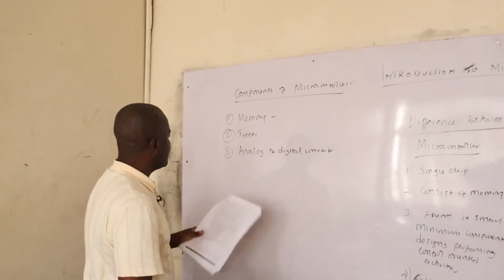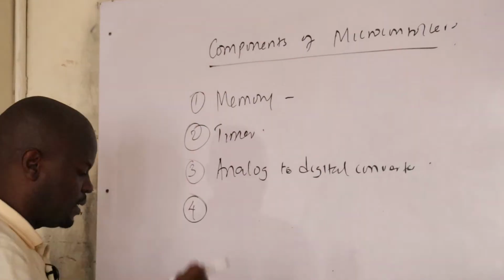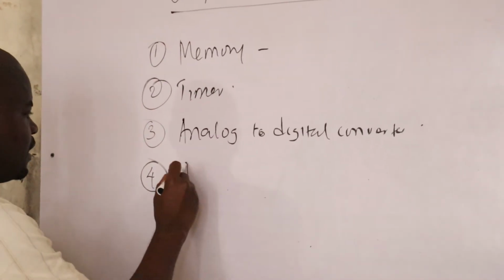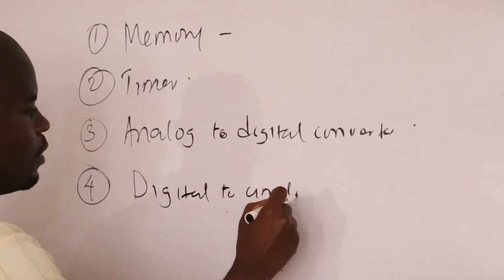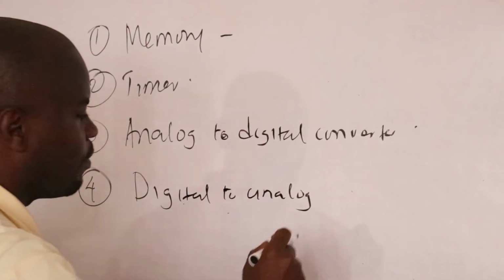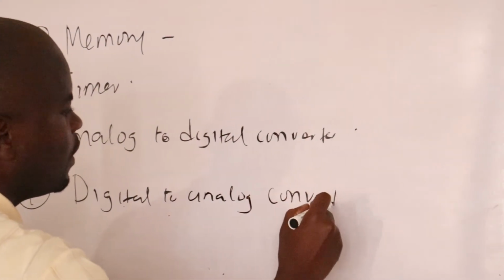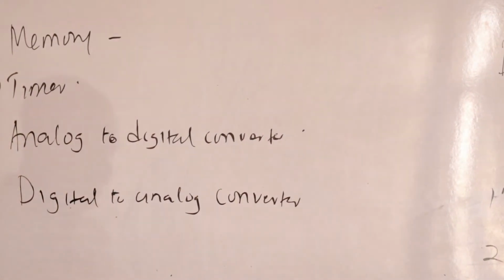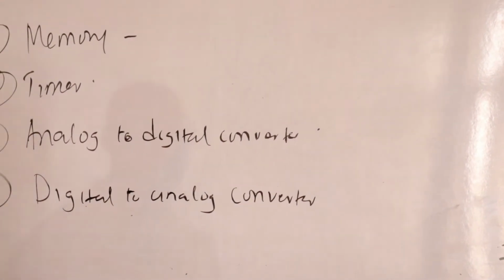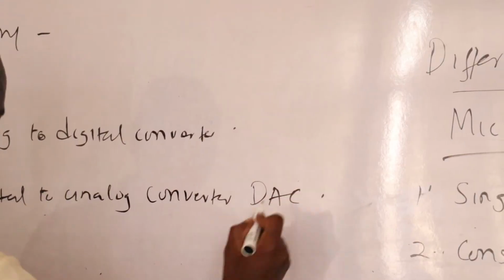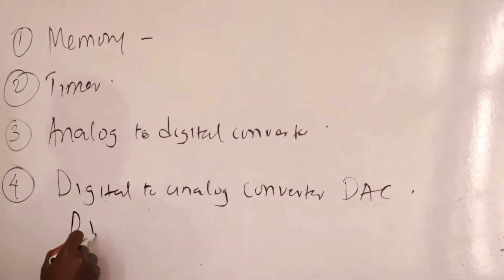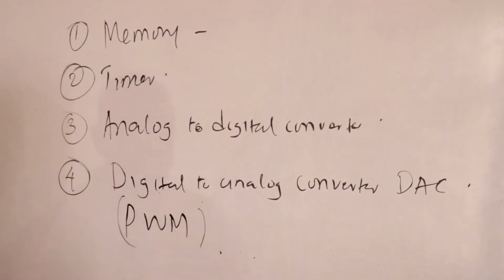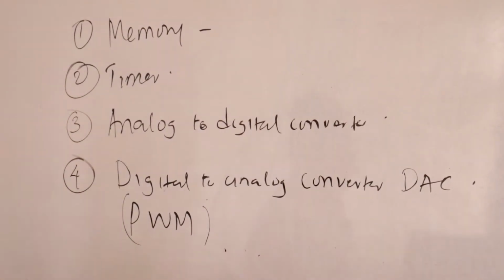Another component that we can talk about is number 4, the DAC, that is the digital to analog converter. We can also call it PWM, which means pulse width modulation.